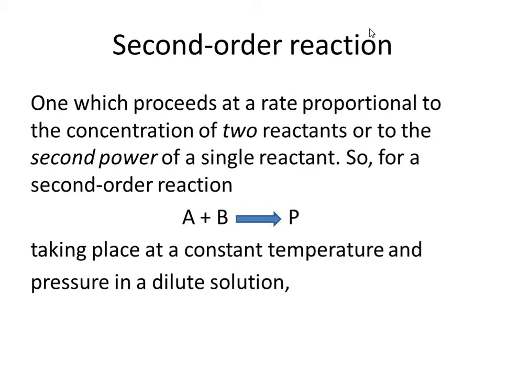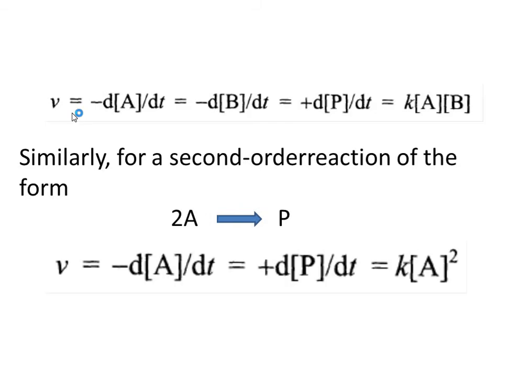So for a second order reaction of type A plus B giving product P, taking place at a constant temperature and pressure in a dilute solution, the equation will be V equals minus d[A]/dt equals minus d[B]/dt equals plus d[P]/dt equals k[A][B]. Here also the terms have the same meaning as we have seen earlier.